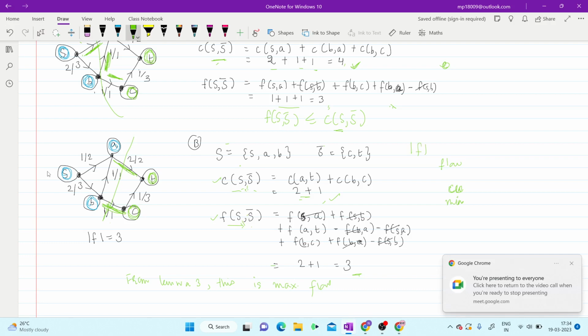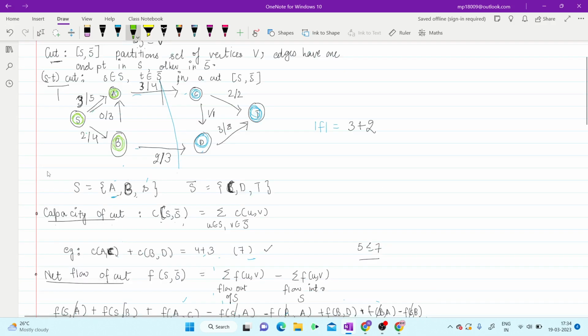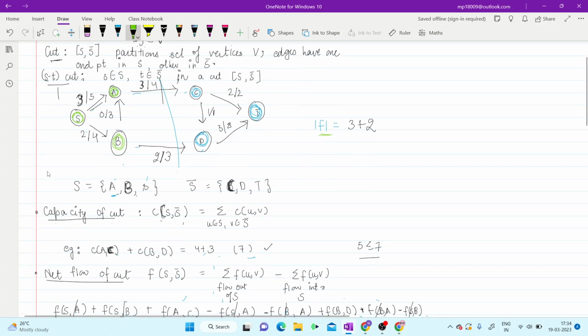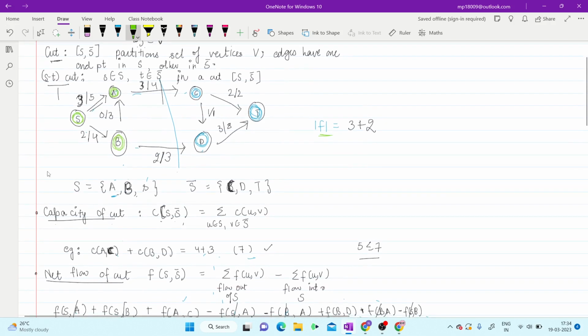That is, this value that we are computing: the flow going out of the source vertex or the flow coming into the sink vertex. So the flow value, the value of the function f, need not be maximum.